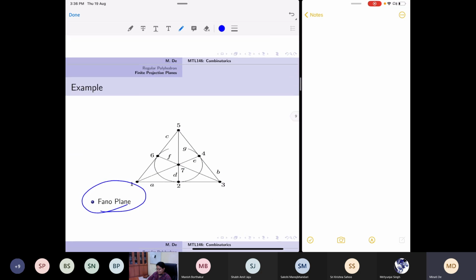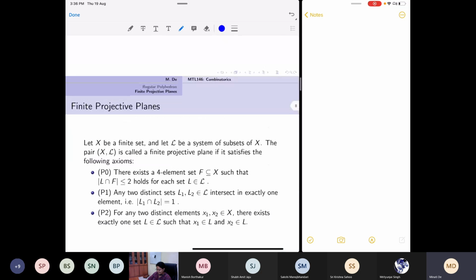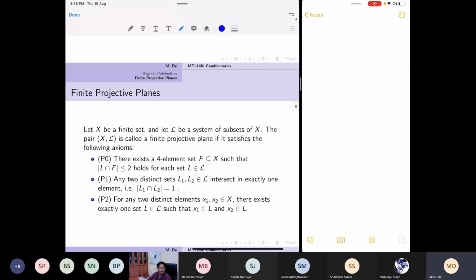So today, what is our plan? We'll see more properties related to finite projective planes, and of course those are combinatorial properties. The good point is that to prove those properties, you only need to remember these axioms, and a little bit of the combinatorics you have learned so far.